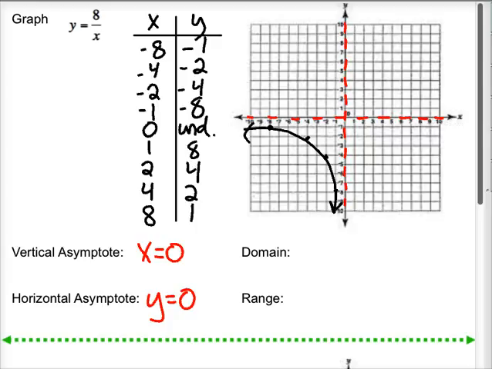So I get that branch. Then 1, 8, 2, 4, 4, 2, 8, 1. And that gives me that branch of my graph.